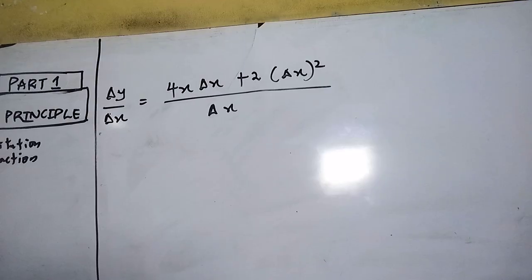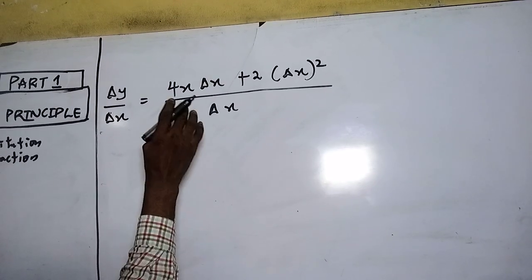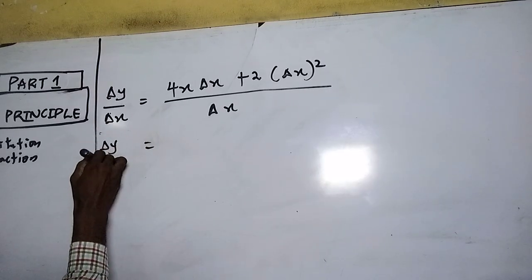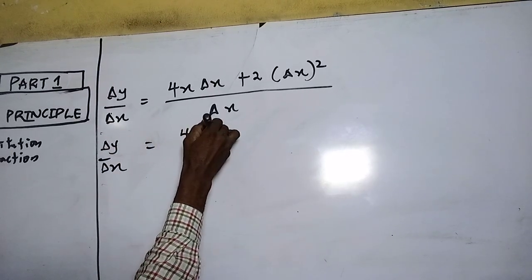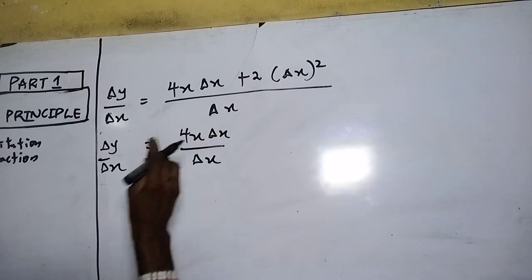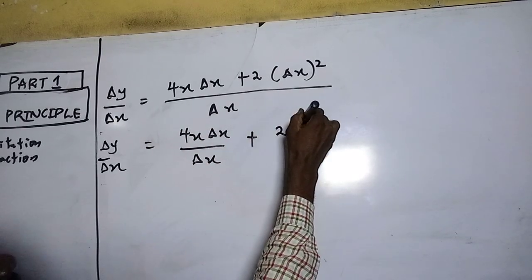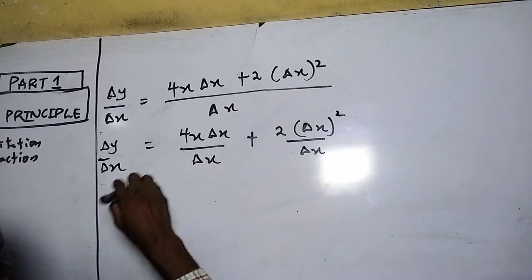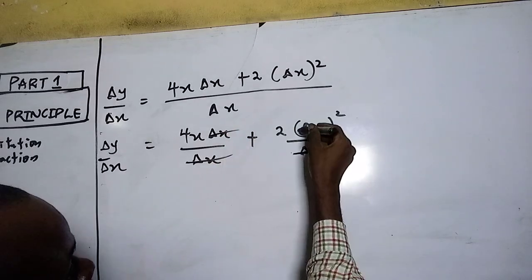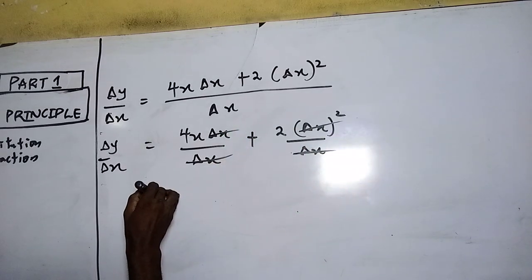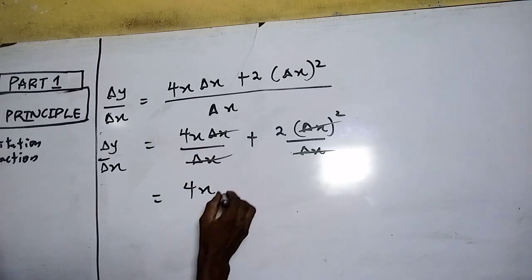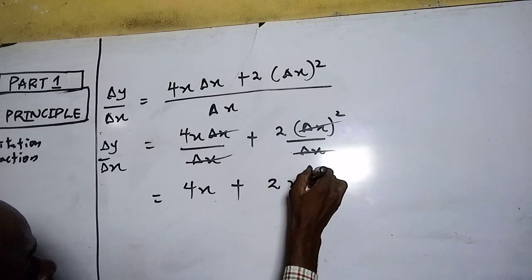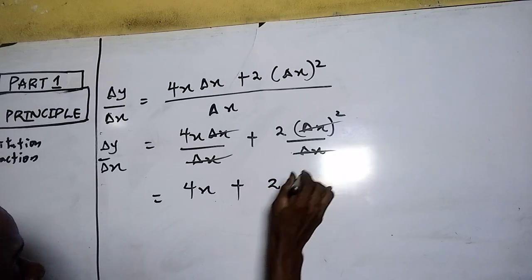If I try to split this, that's 4x dx on dx plus 2 dx squared on dx. So this one takes care of this, then this also takes care of this. So what I have here still is 4x plus 2 dx.